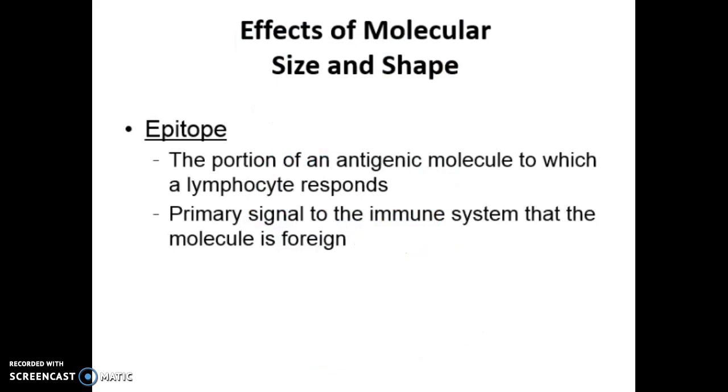So now we are reviewing some of the terms that we saw in section 1 or 2. All right, epitope. Epitope is the portion of an antigenic molecule to which the lymphocyte responds. Right, it's the primary signal to the immune system that the molecule is foreign.